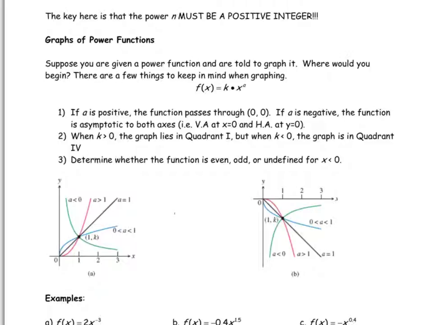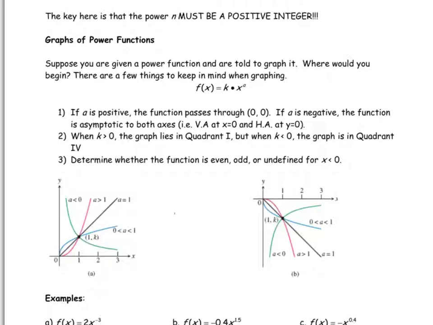If a is positive, the function passes through (0, 0). That means it's going to go through the origin. Let me just say, if the power, or your exponent, is positive, if it's 1, 2, 3, 4, 5, 1/2, 1/3, 2/3, your graph will go through (0, 0).